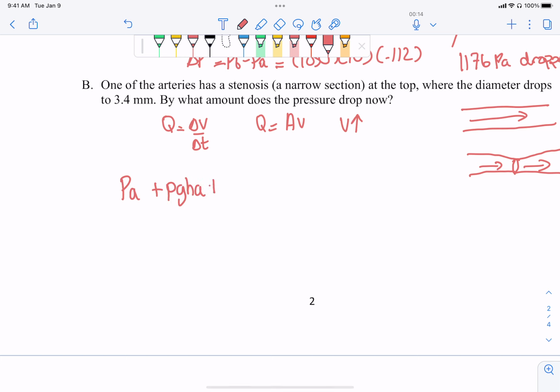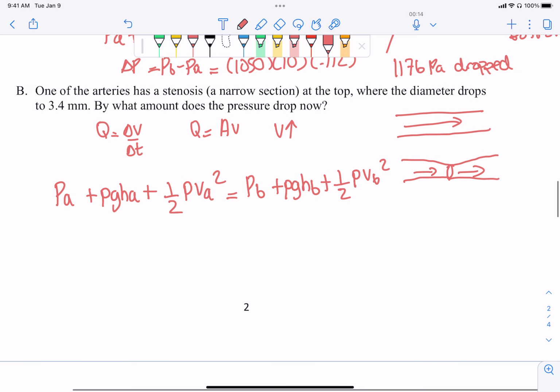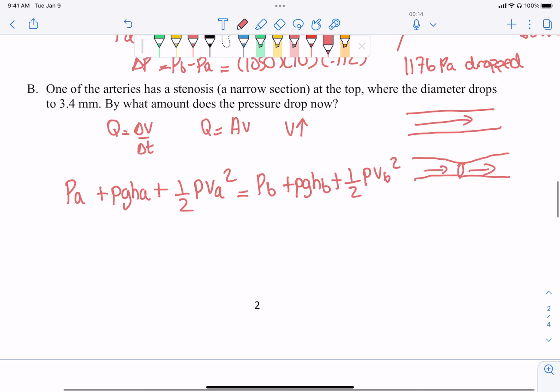It's just that now you're adding this part right here: half times the density times your velocity at point A squared, and then PB plus ρgHB again, plus half times density times the velocity at point B squared, right?